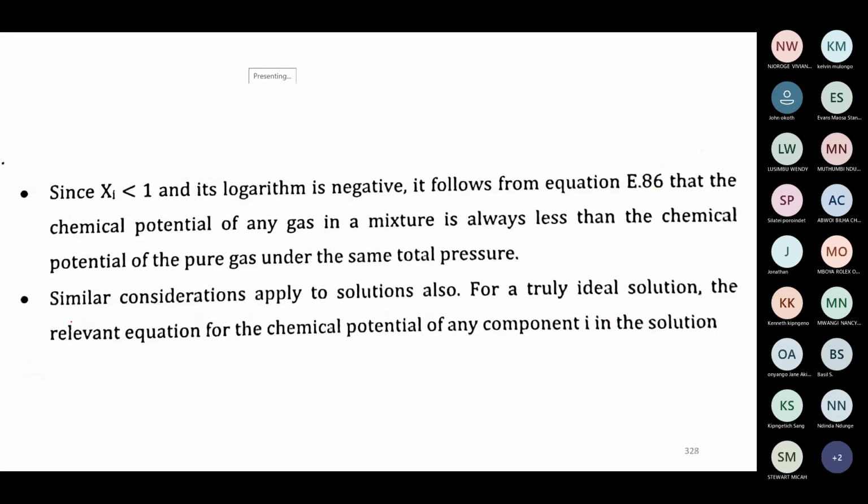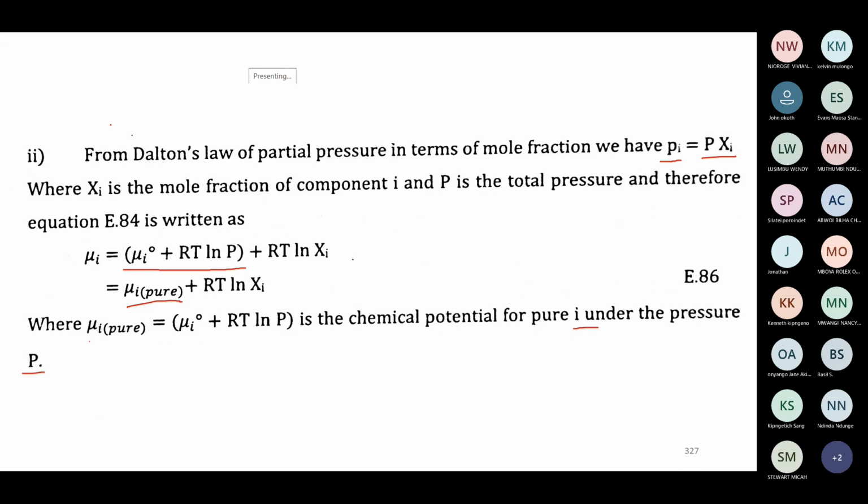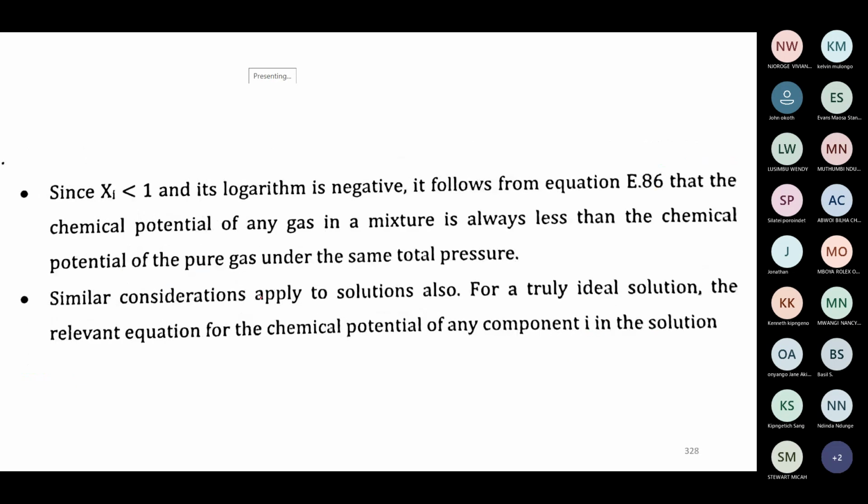So since Xi is always less than 1, or the mole fraction of a component in a mixture of gases, then its logarithm is negative. Xi is always less than 1, so the natural log of Xi is going to be negative.